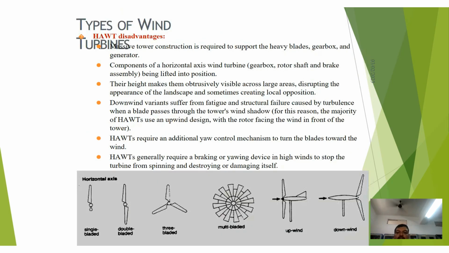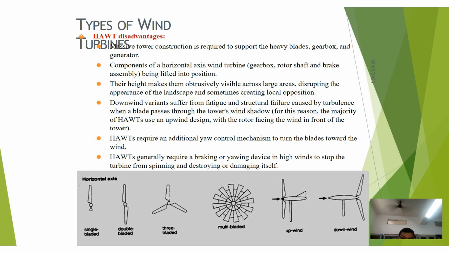Types of horizontal axis wind turbines. We have the single bladed, double bladed, three bladed, multi bladed, and we have the upwind and downwind. Mostly the horizontal axis wind turbines are classified based on the number of blades. Whenever we have a single blade, it is termed a single bladed horizontal axis wind turbine.